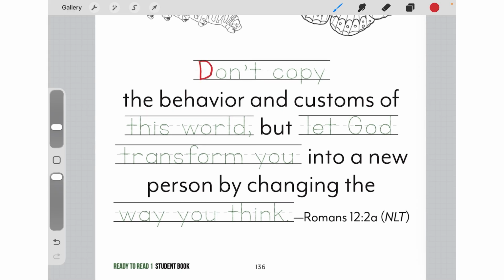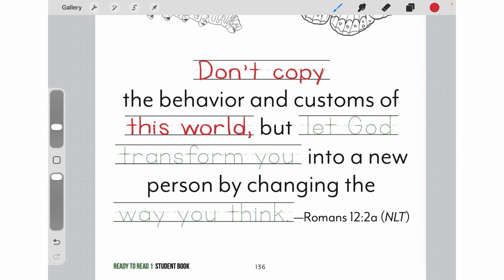D-O-N. This little guy's called an apostrophe. T. C-O-P-Y. Don't copy. T-H-I-S W-O-R-L-D, comma.